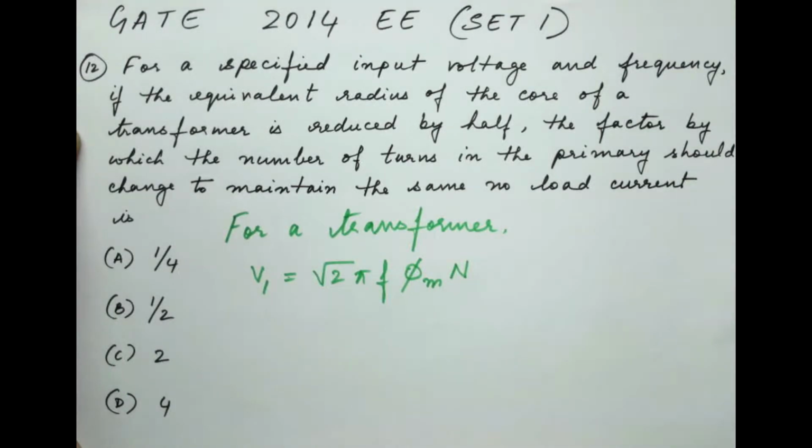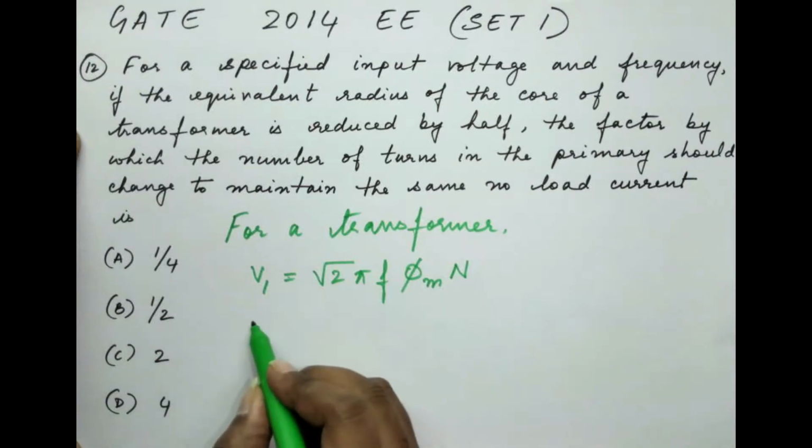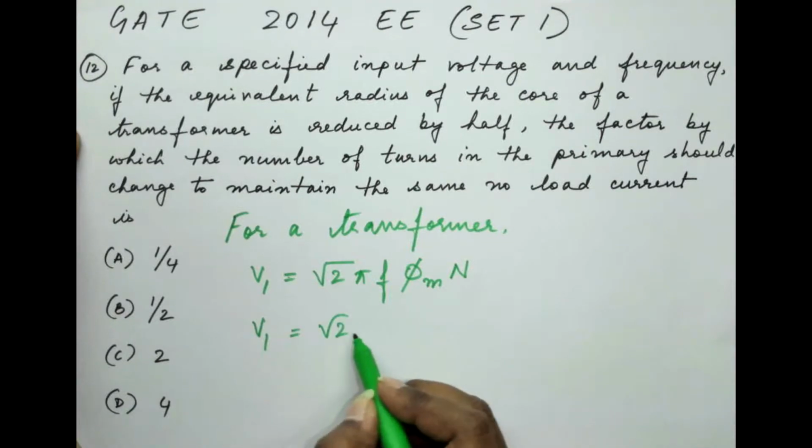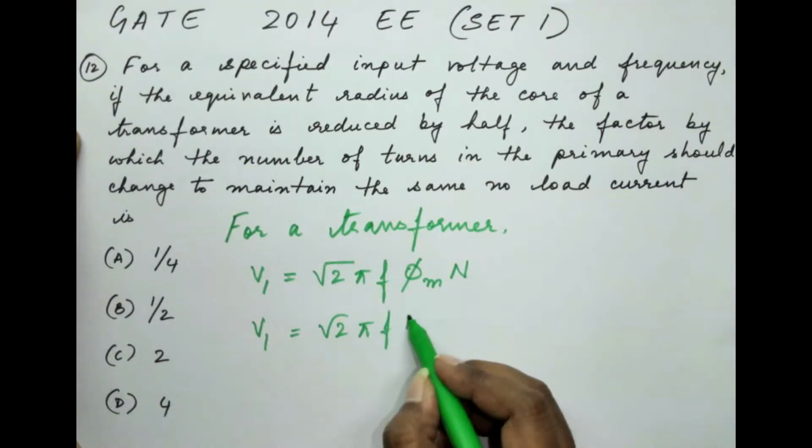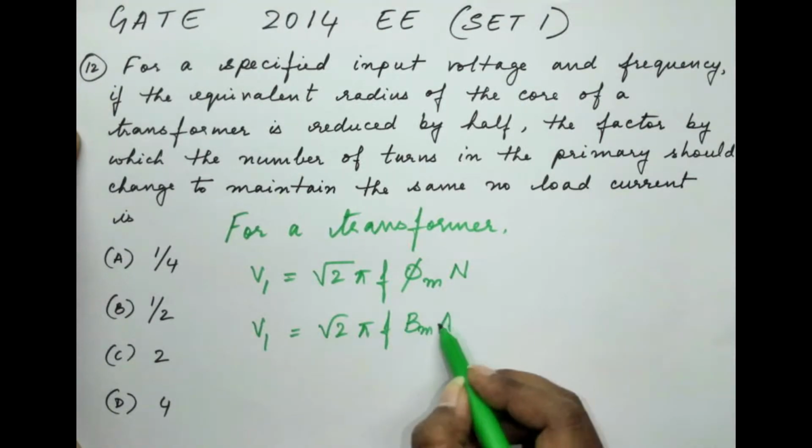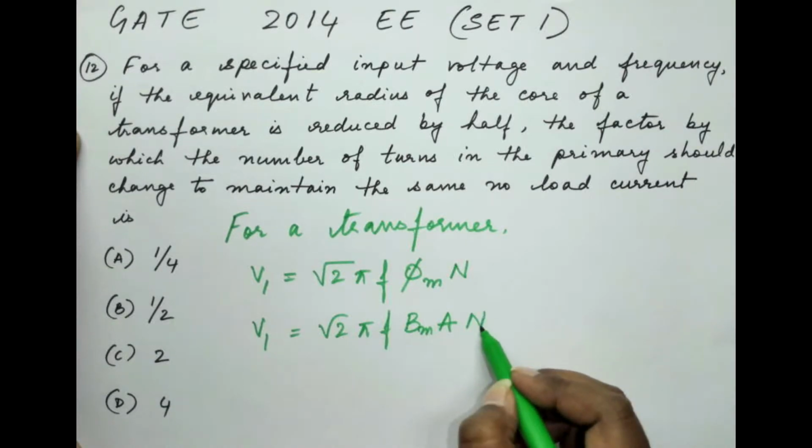Now here the flux phi m can be written in terms of area as well, right? So V1 can be written as root 2 pi F Bm times A times n.